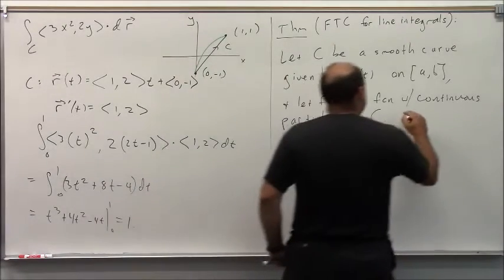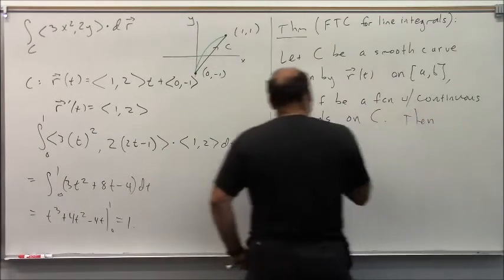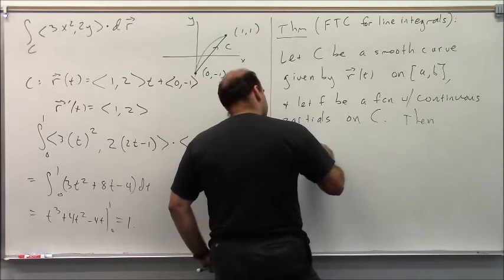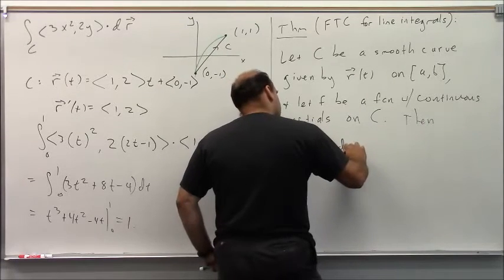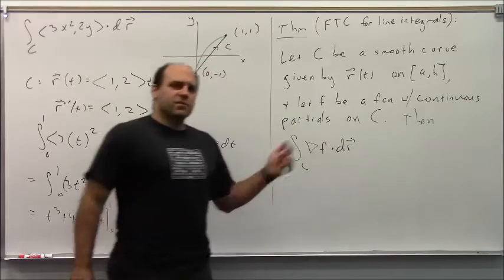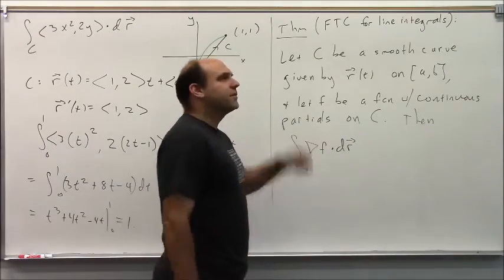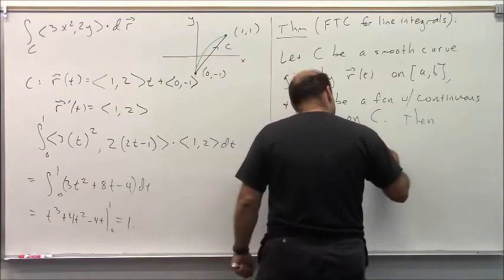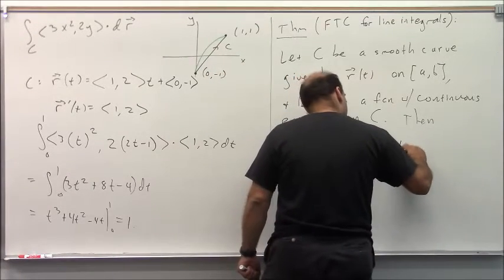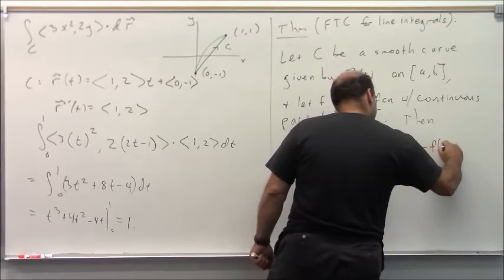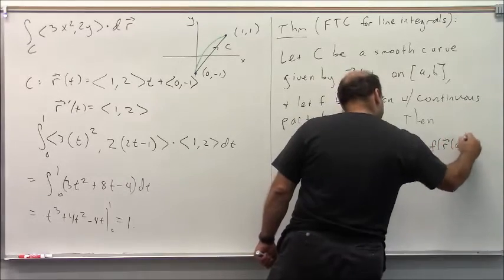Then, the path integral over C of the gradient of f dot dr. Remember, the gradient of f was one of our early examples of a vector field. The gradient of f dot dr is equal to f(r(b)) minus f(r(a)).